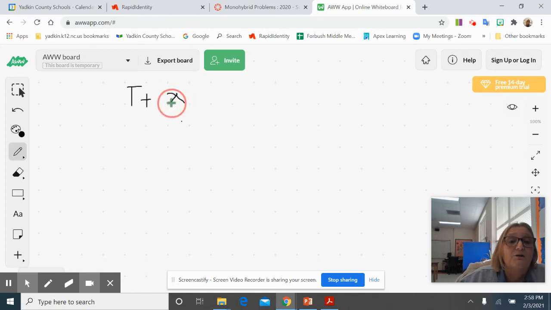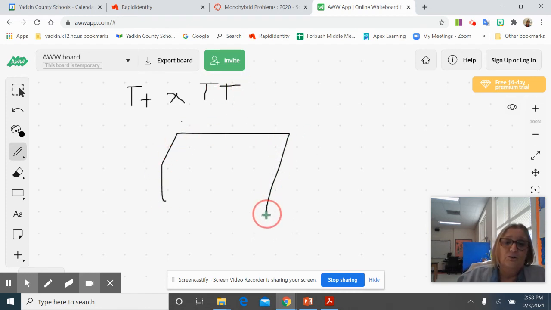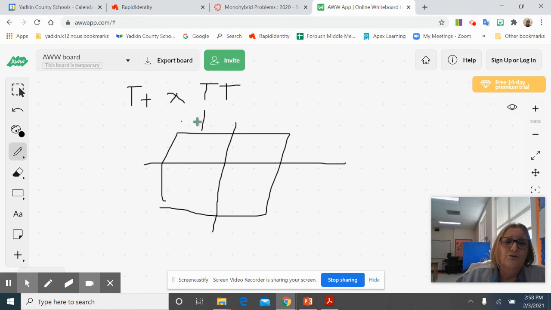Crossed with purebred tall, 2 dominant T's. Okay, now we're going to do our square. First one goes on the top, just so we can be consistent. Second one goes down the side.